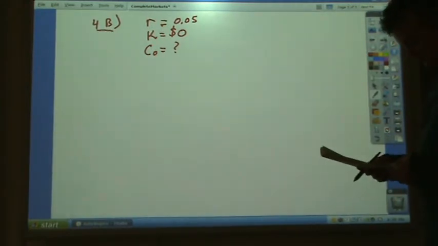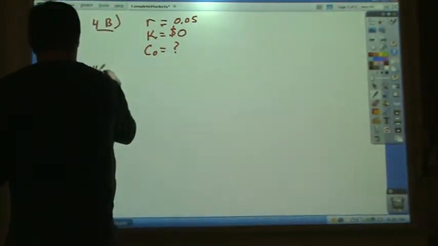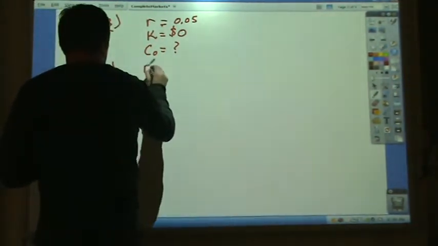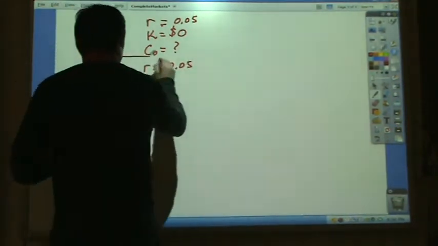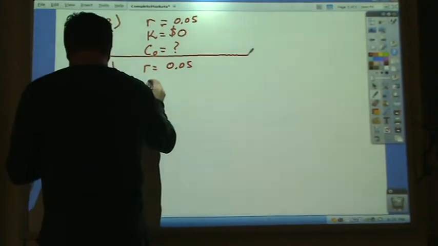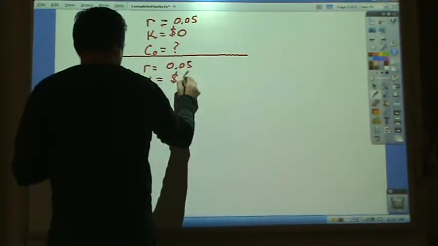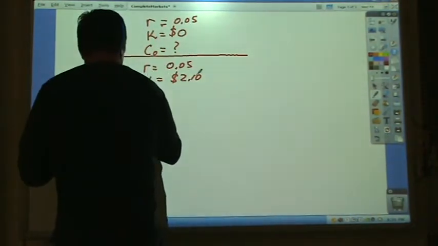Okay. Now, for C, suppose we have an interest rate of, again, 0.05, and we have a strike price of $2.10, and now we're doing a put.